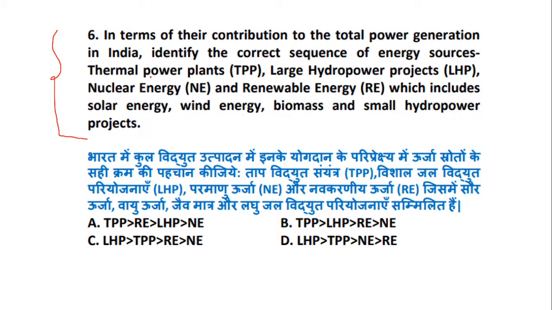They are telling you to put the contributions in sequence. Do you want me to read the question again? If you want, I'll read it. You are supposed to tell which is the highest. So here we have thermal power, hydropower, nuclear energy and renewable energy.